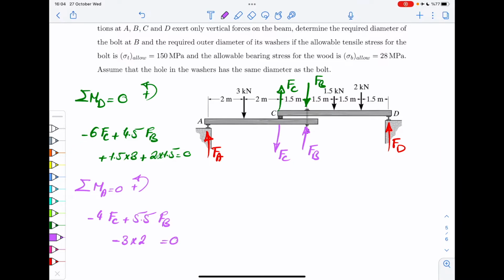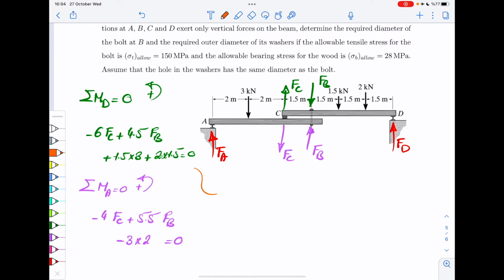Okay? So now you have two equations, two unknowns. From them, you can calculate FB and FC, and if everything else is correct, then FB would be 4.4 kilonewton, and FC would be 4.55 kilonewton.